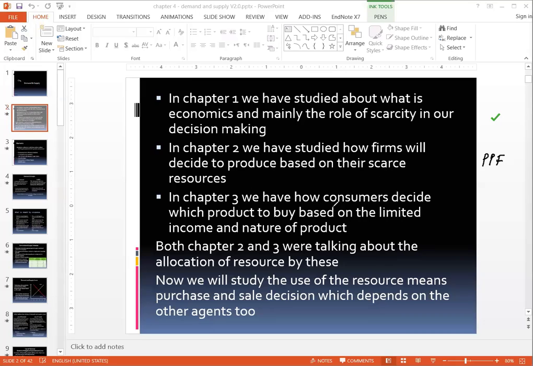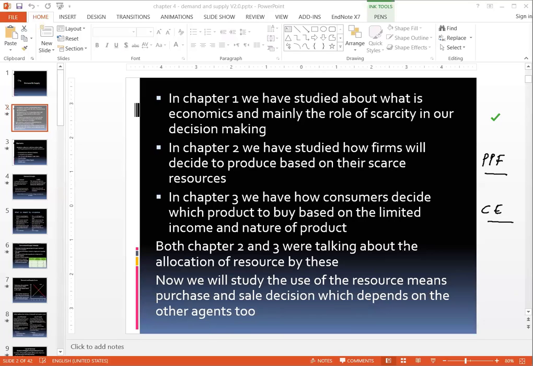In chapter 3, we discussed the consumer equilibrium, or CE, where we decide how a consumer decides to buy based upon limited income and the product. So consumer equilibrium was talking about how the consumer decides, and PPF was talking about how the producer decides.